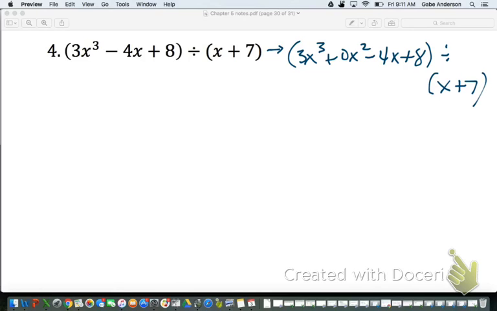By putting in a 0x squared, what is 0 times x squared? 0. So I have not really changed the value at all. I've just added 0, which doesn't change the value. What I've done is insert a placeholder.